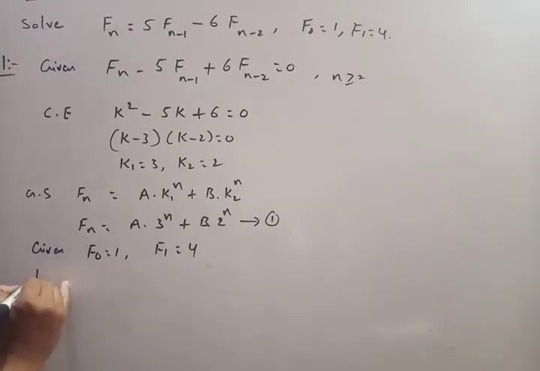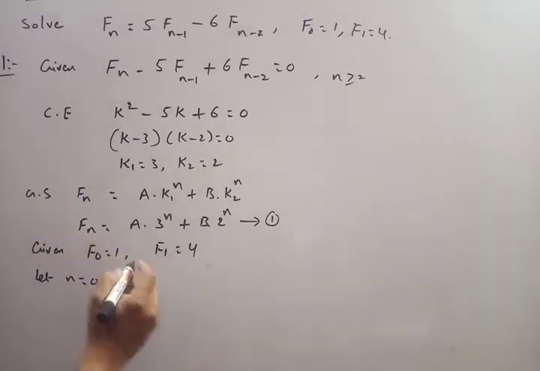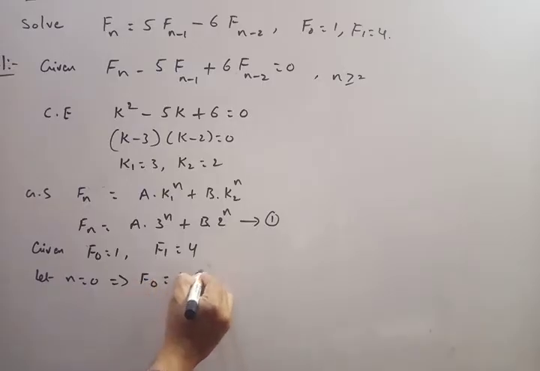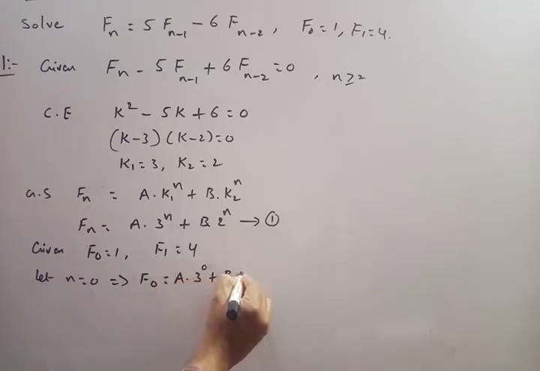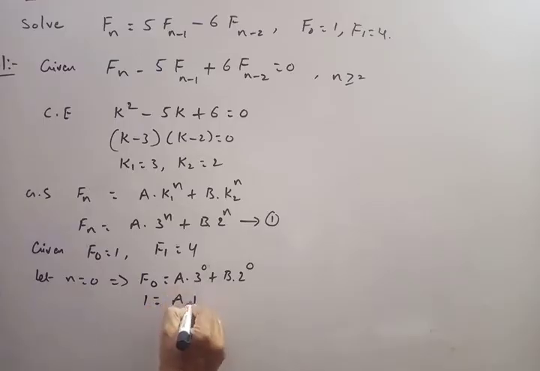Let n = 0. Substitute here: f0 = a 3^0 + b 2^0. So f0 is how much? 1. Anything power 0 is 1, so a into 1 is a. So I got a + b = 1.